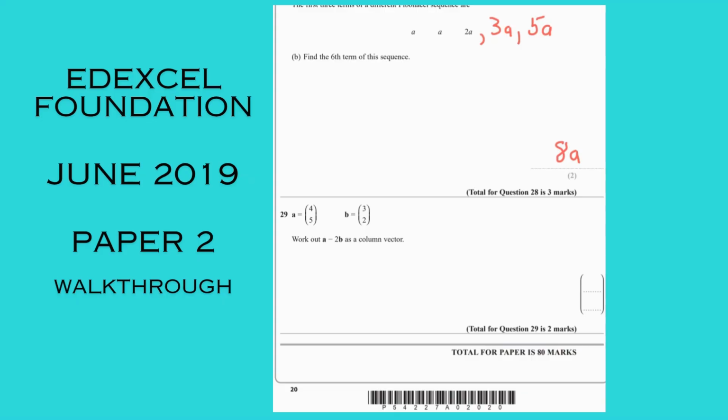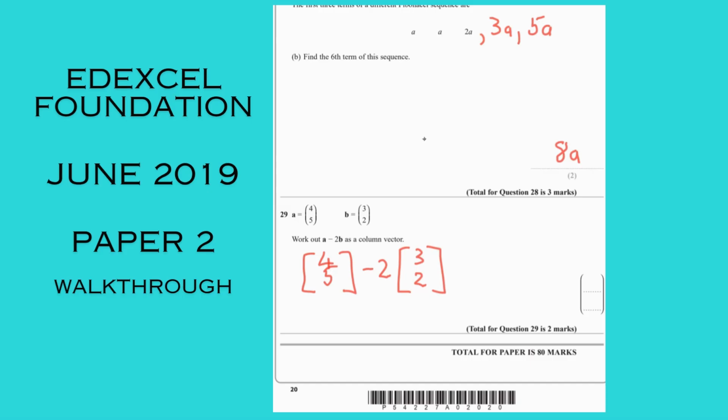And then we've got this one. Don't forget, vectors, just think of them as posh brackets. So we've got to do a, which is 4, 5, subtract 2 lots of b, which is 3, 2. The number in front of a bracket simply doubles or trebles or whatever. That's your multiplier. So look along the top.